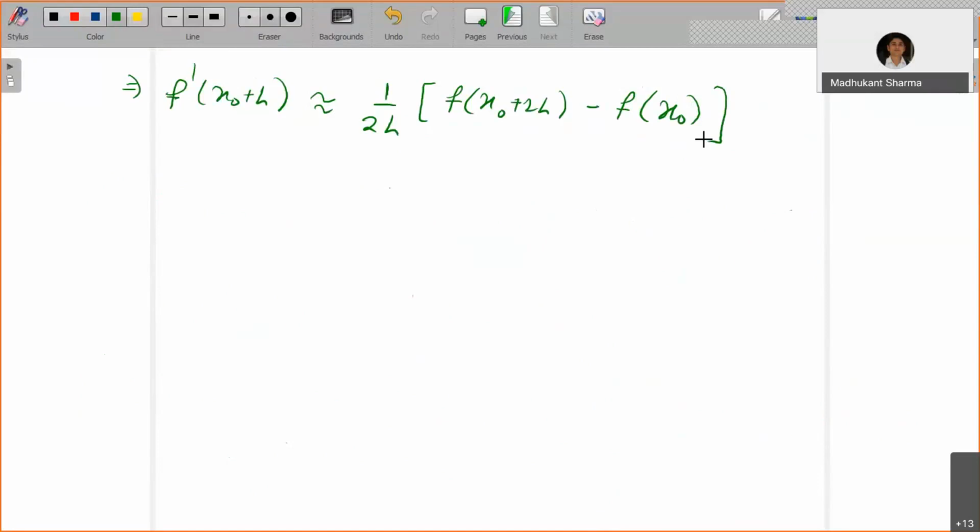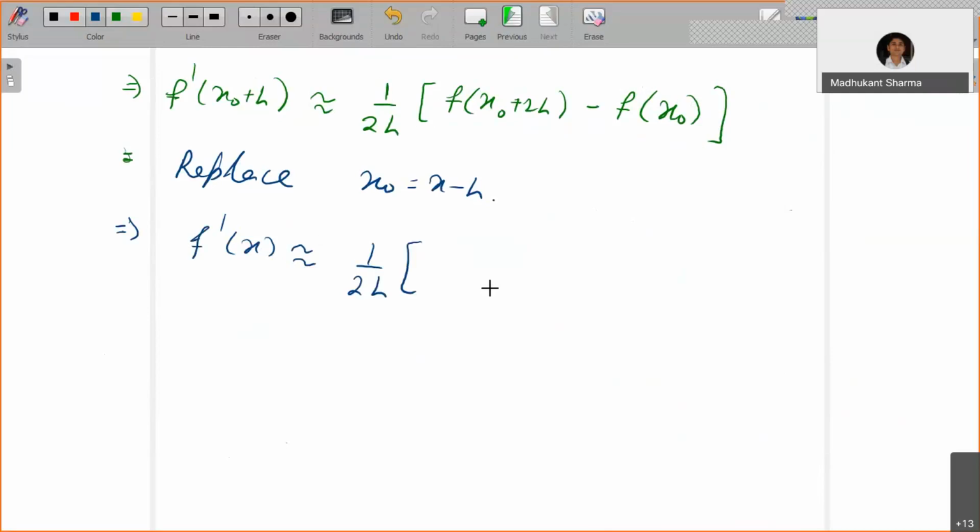Now replace x0 by, let's say, x minus h. Then it is kind of shifting only. So f dash of x can be approximated by 1 by 2h times f of x plus h minus f at x minus h.